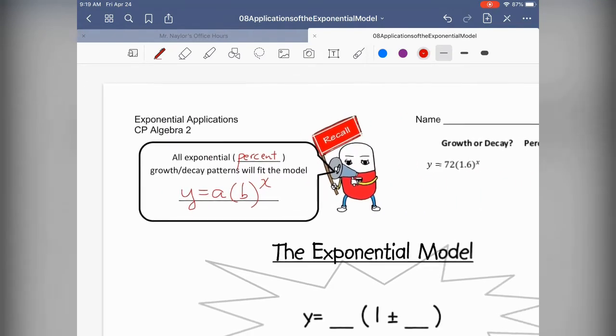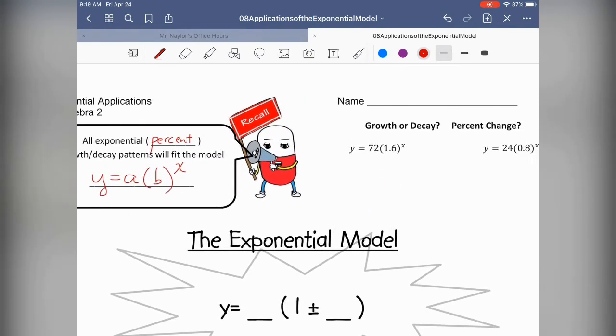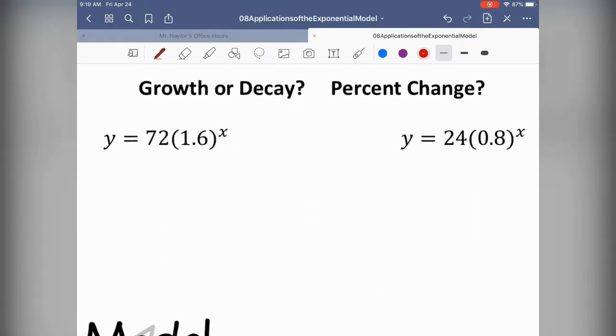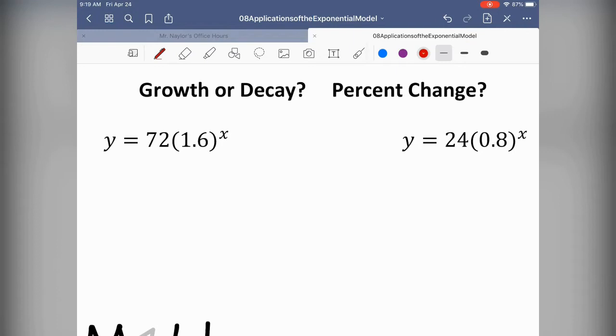Now, maybe it'd be helpful just one more time to take a look at the numbers that are seen in this equation. Because what I want you to realize is that it's all about the base, the base, the base. Now, when you look at that base of 1.6, everybody needs to say that this is a growth problem. Because, as we've said a number of times, that number, 1.6, is greater than 1.